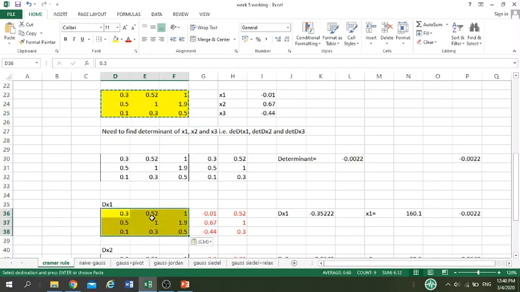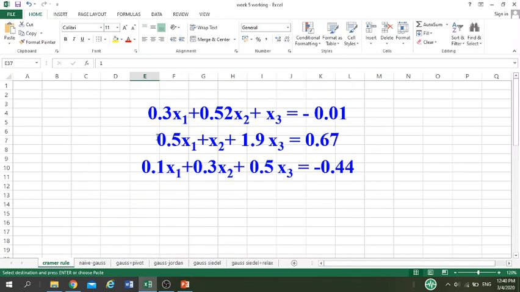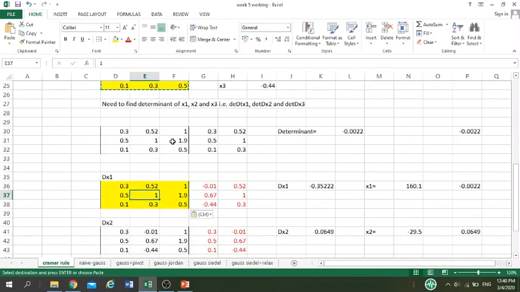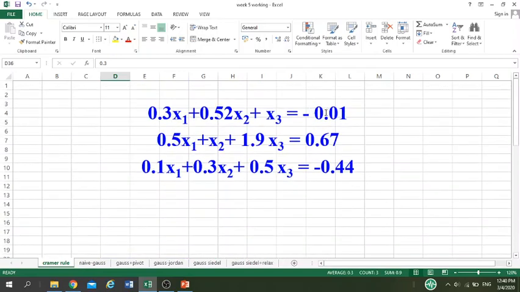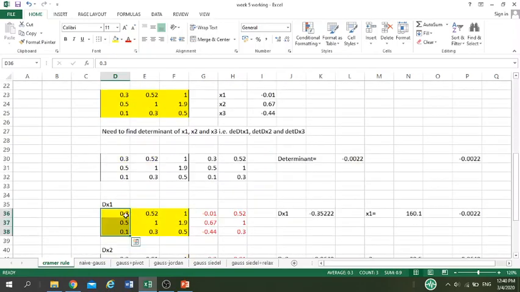Since x1 belongs to the first column when we arrange all these equations in matrix form, we replace the first column with the values of the answers: minus 0.01, 0.67, minus 0.44.